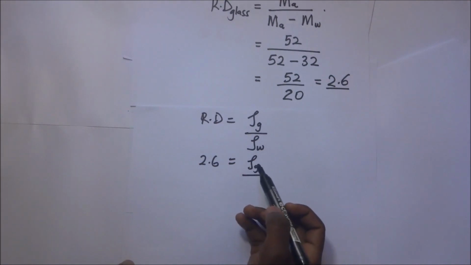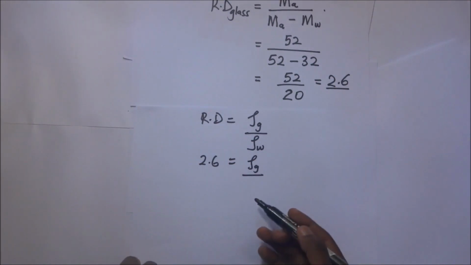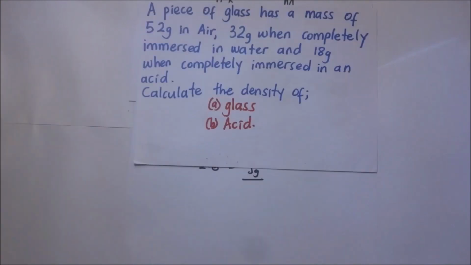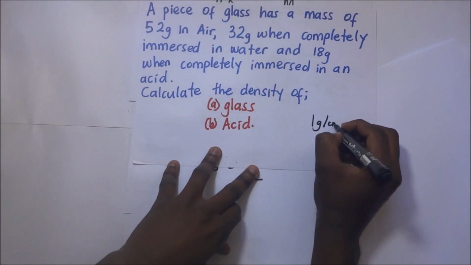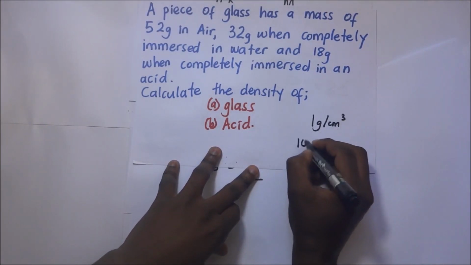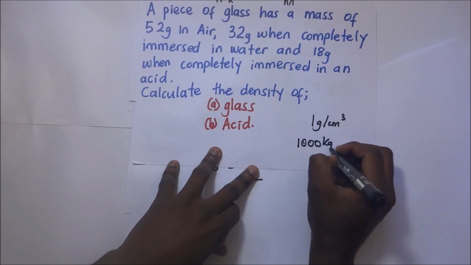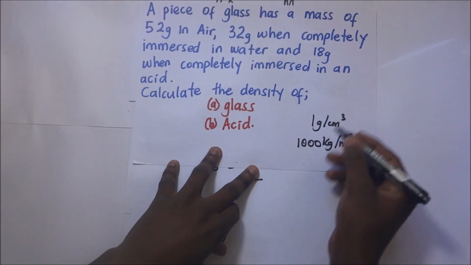Now the density of water, according to our question, can either be 1 gram per centimeter cubed, or 1,000 kilograms per meter cubed. We can use any of them.